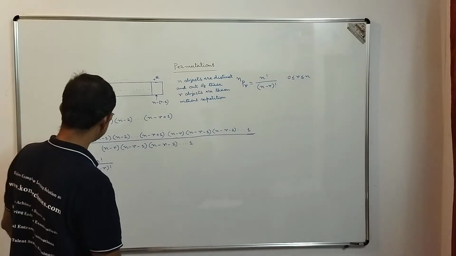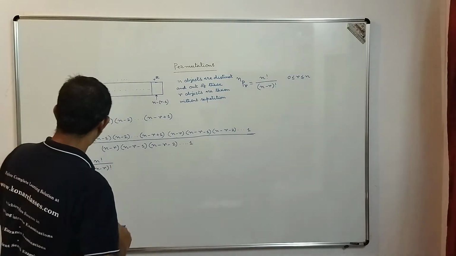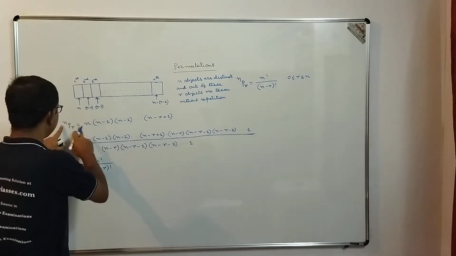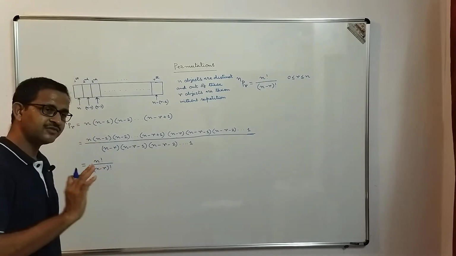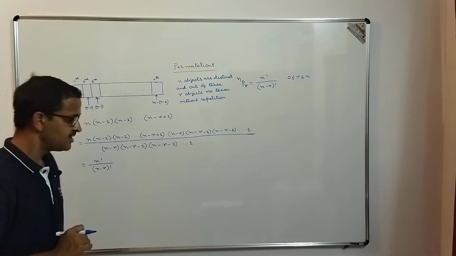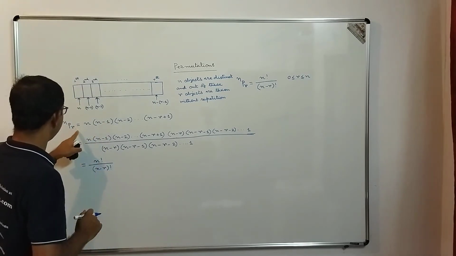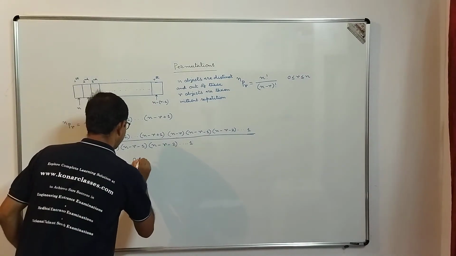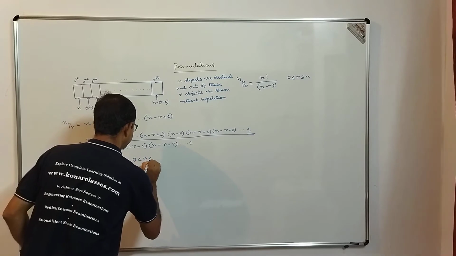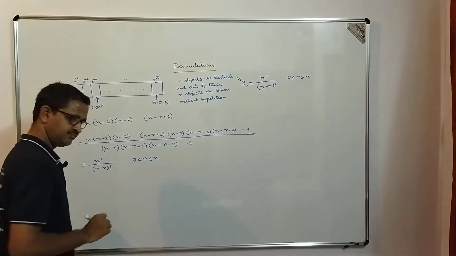Now here is a small catch. What is the catch? When you derive this formula for nPr, what are the possible values of r? The possible values of r are 0 less than r less than or equal to n, isn't it?